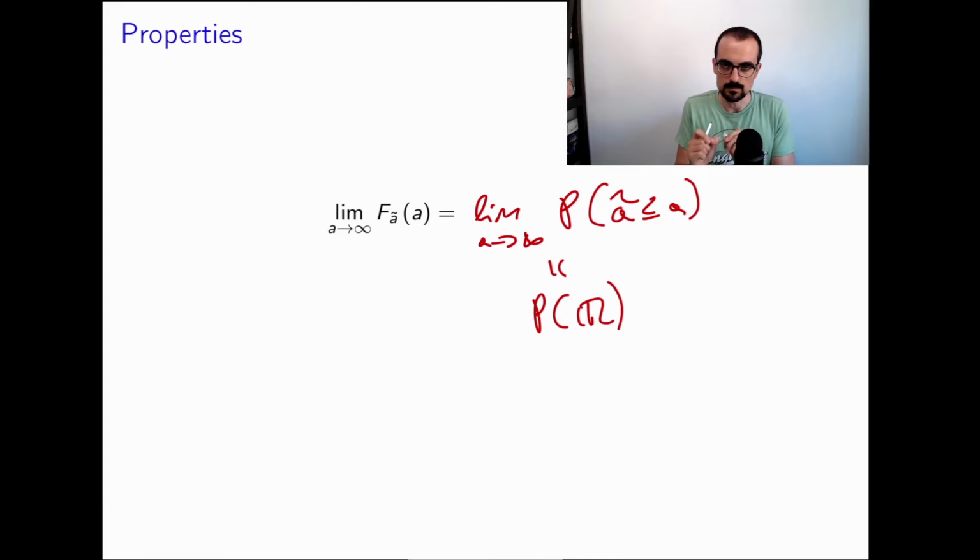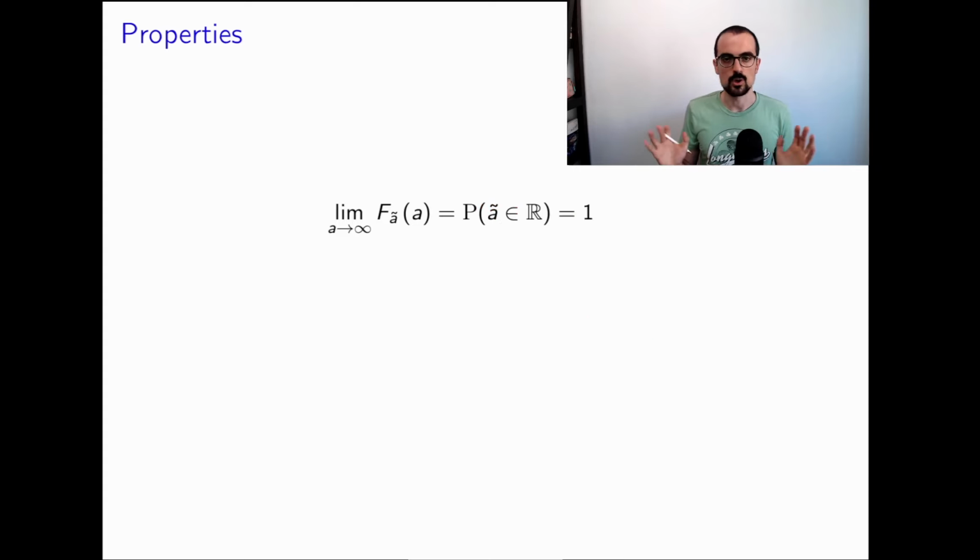We can make this a little bit more precise, but that's the idea. So this is going to have to be equal to 1, right? Because the random variable is going to be mapped to some point in the real line. Okay, so that is equal to 1. This means basically that the way we have defined the CDF, it always needs to go to 1 when a goes to infinity.